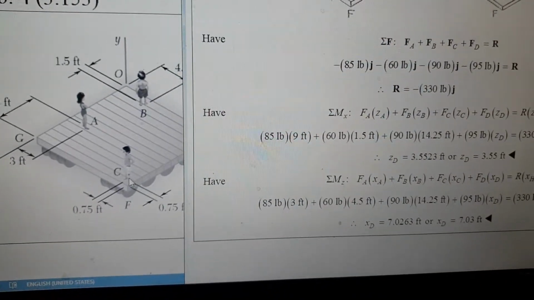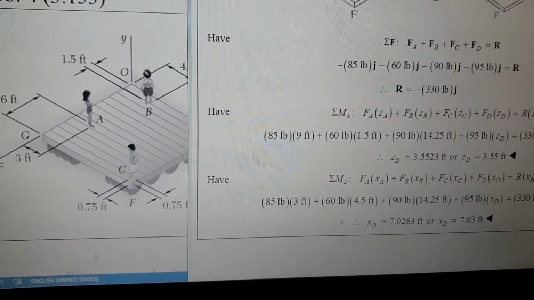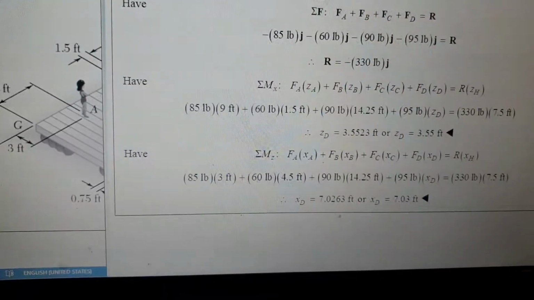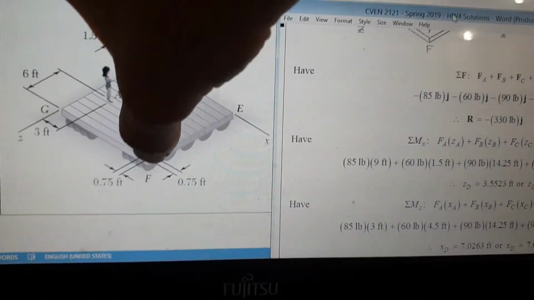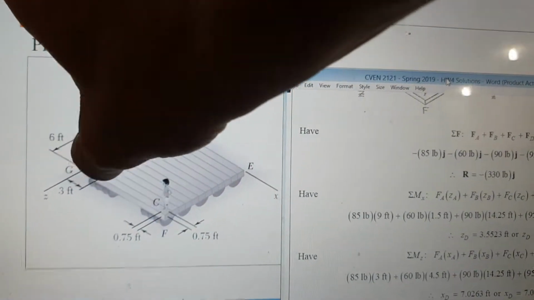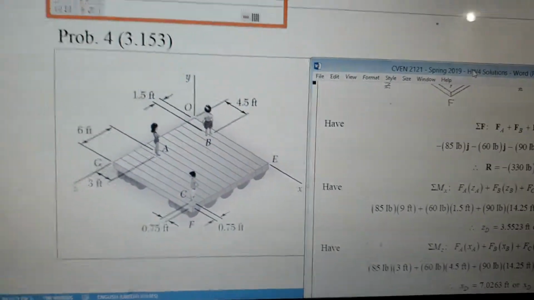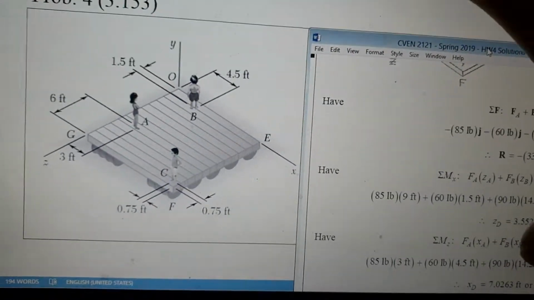And the one before last, C, is 90 pound, and you can see it's 0.75. The whole thing is 15, so 15 minus 0.75 is 14.25.